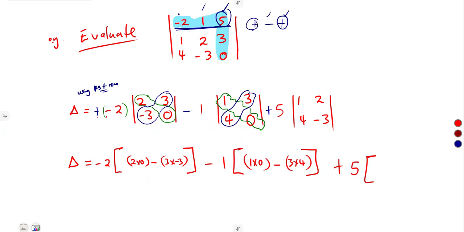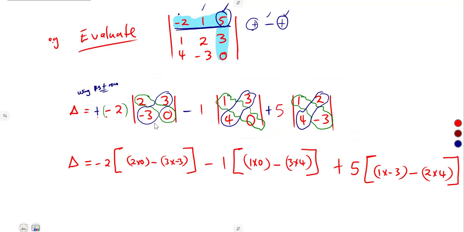The determinant, all right, so you go back, your major diagonal, 1 and -3, 1 times -3, minus the minor diagonal, 2 and 4, 2 times 4, just like that.